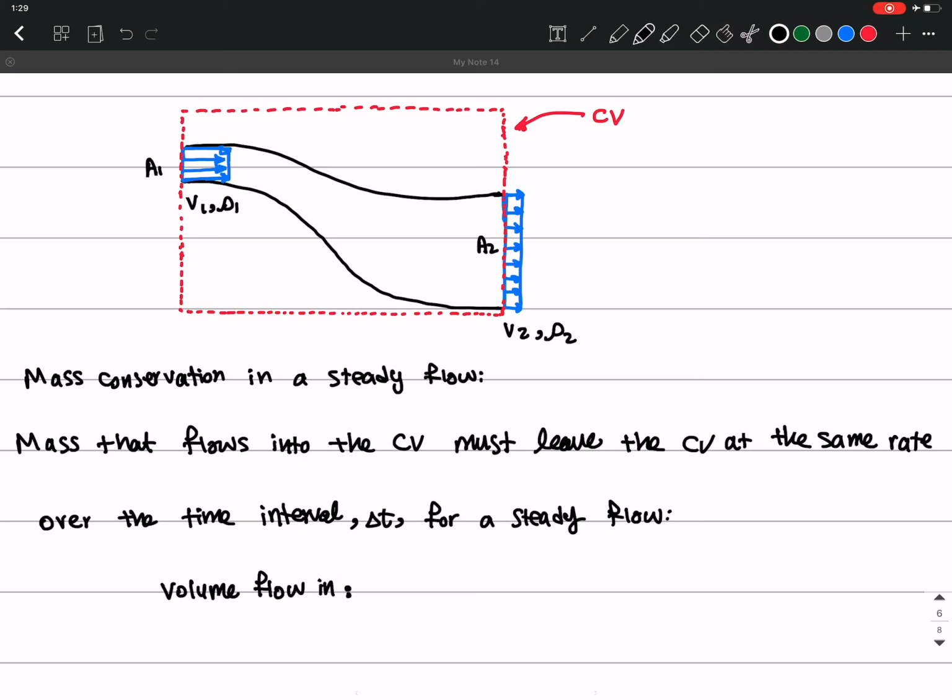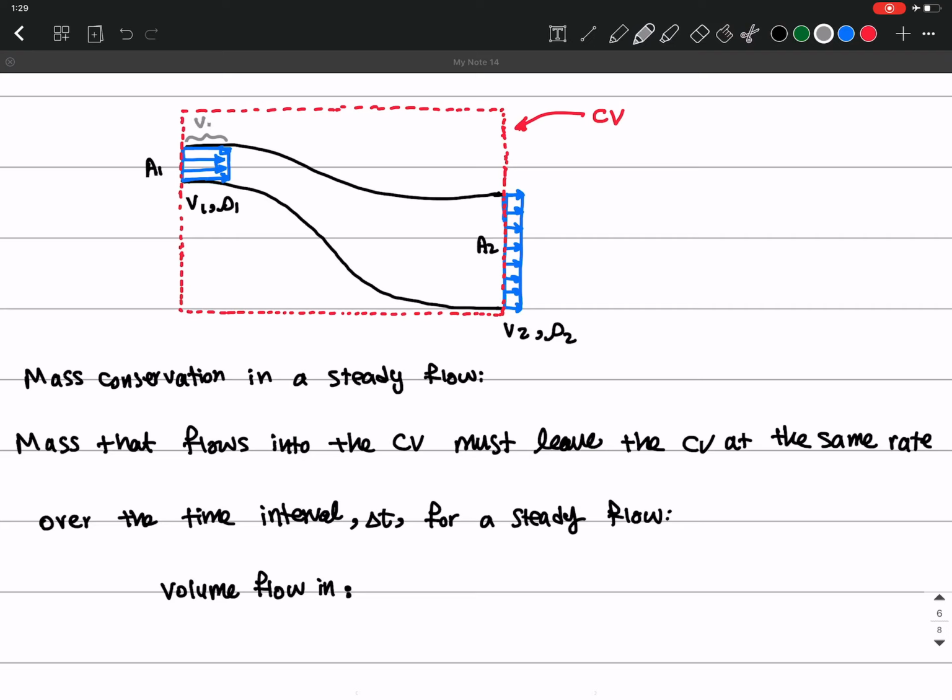We want the volume of that. So let's see first. If you imagine this is delta t, this is how much, let's say, water or any flow comes into the channel.